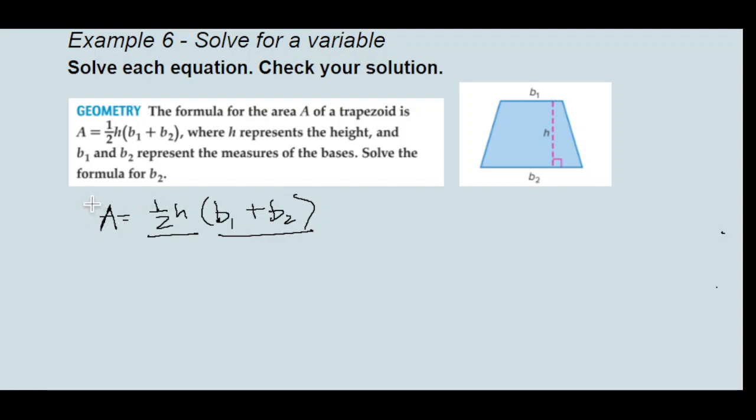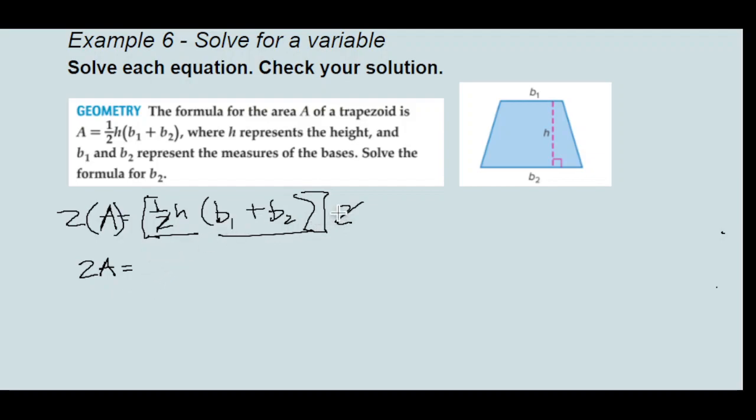So we're going to multiply this side by 2, and we're going to multiply this side by 2. Now you can show it like this, or you could show it by putting one big bracket around the whole thing, but I'm going to do it like this just for simplicity. So this is going to give you 2a right here. And then this 2 and this 1/2 cancel, and you're left with everything else.